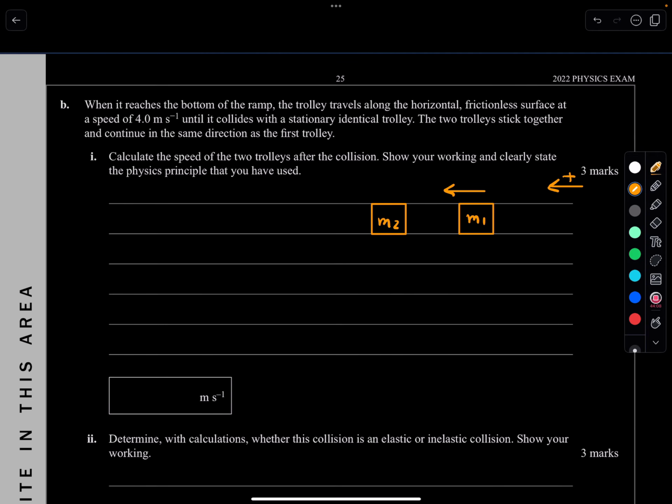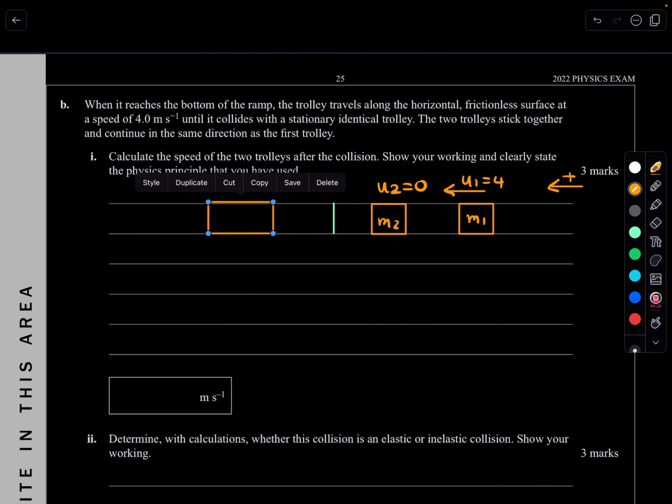So U1 is 4 meters per second, and this is going to be 0 because it's stationary. After they collide, they stick together, so imagine drawing a bigger mass like this. It's both their masses combined, so M3, and of course it's going to be moving to the left at some velocity. We're going to call it V3.